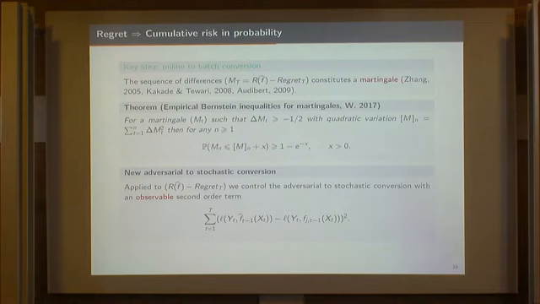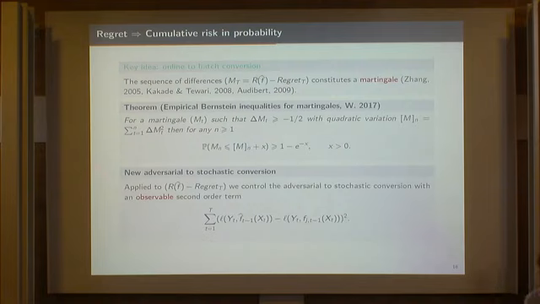Then you denote the quadratic variation, so that's the sum of the squares of the martingale differences. And you have this bound: with high probability, the martingale is controlled by its own quadratic variation.